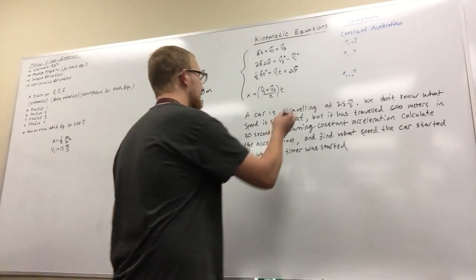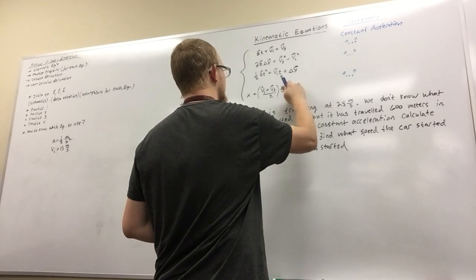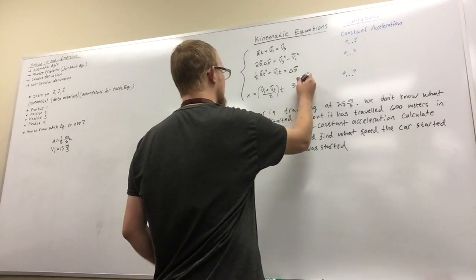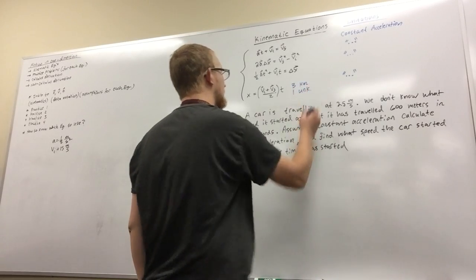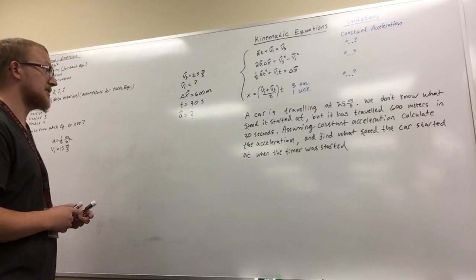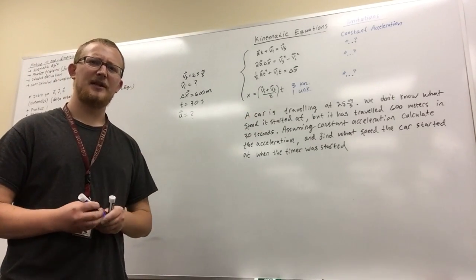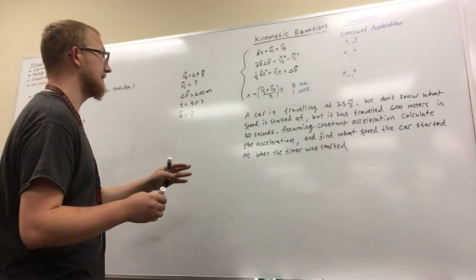So here we have three knowns, V final, T, and X, and one unknown. Oh, so interesting. This actually wasn't the way that I solved the problem, but it looks like this equation is a good lead. So let's go ahead and work it both ways, starting with the way I intended.